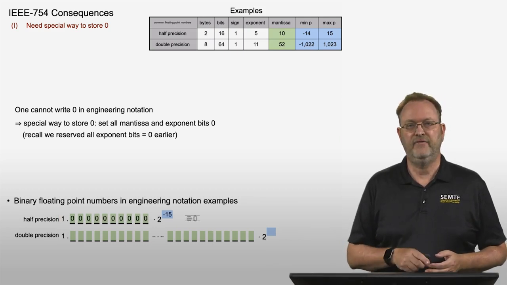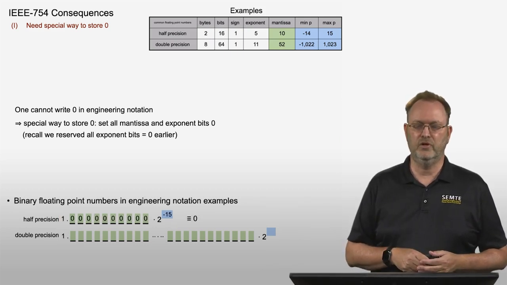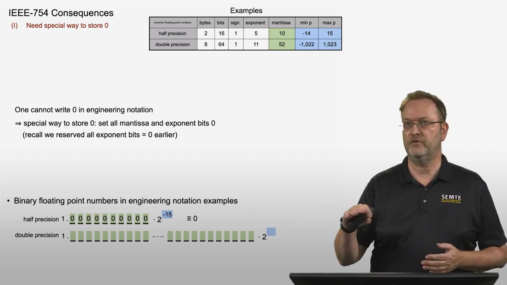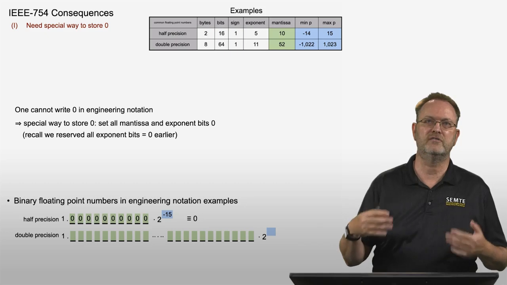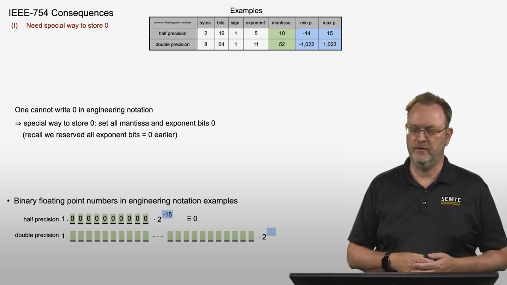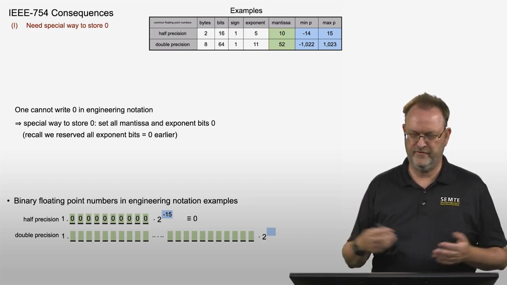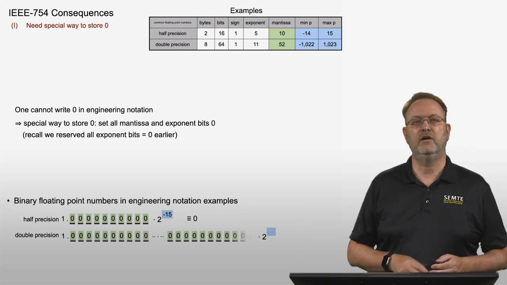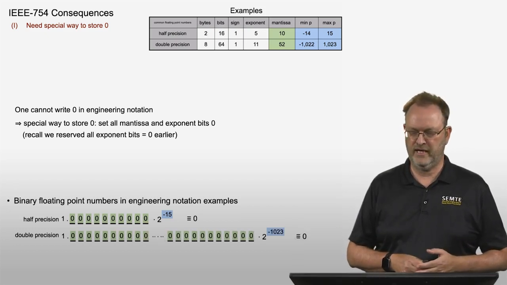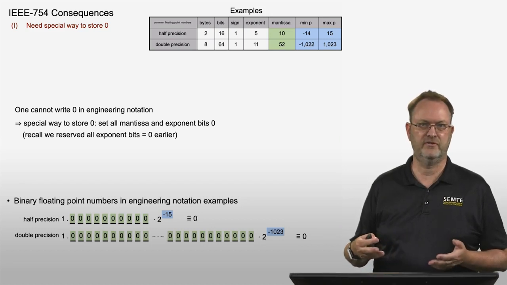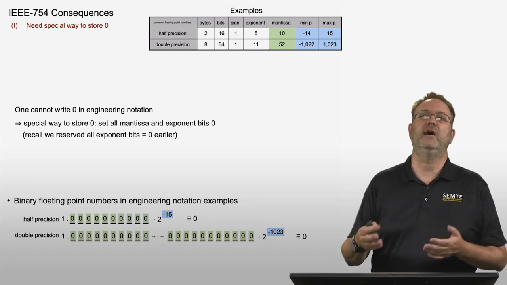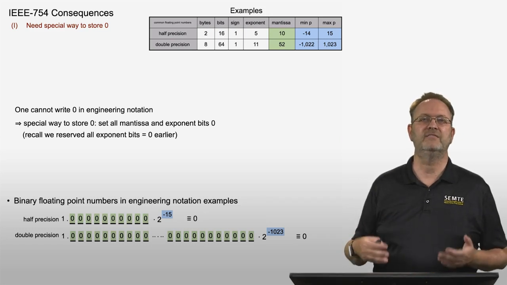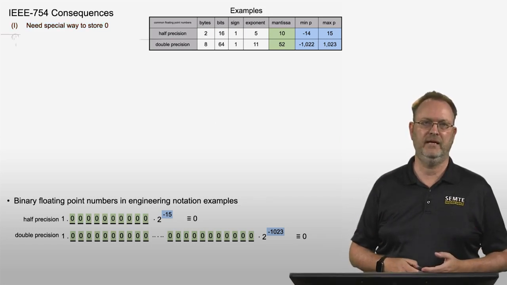So if I have all mantissa bits equal to 0 and the exponent bits all 0, so one below the smallest possible minimum exponent, negative 15, that would be defined as 0. Similarly, all mantissa bits equal to 0 and times 2 to the power negative 1023, one below the allowable range, is defined as meaning 0.